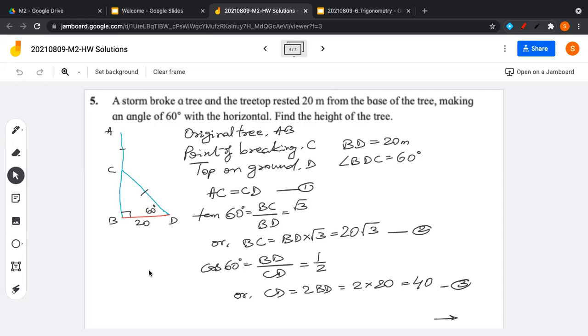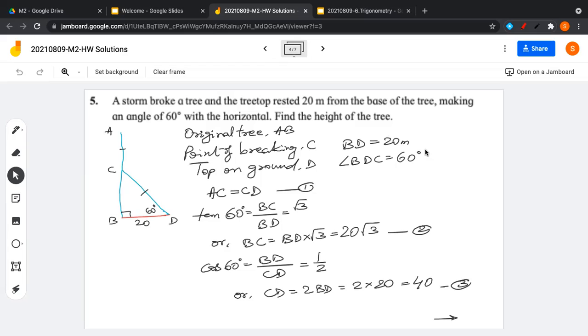So again, we have a right angle triangle in which we know the base adjacent side, we know this angle 60 degree. Using that, we can find the length of this side, the length of this side, and when we add, we will get the entire height of the tree.